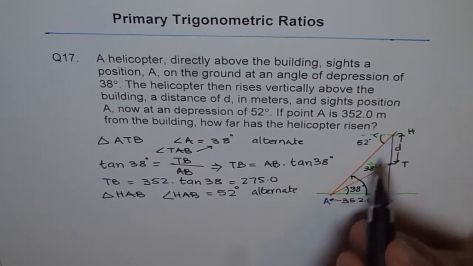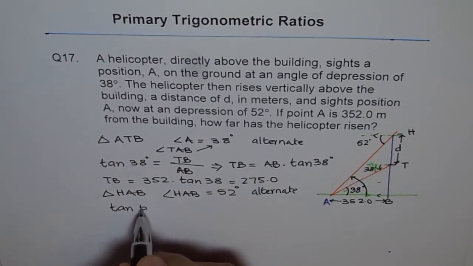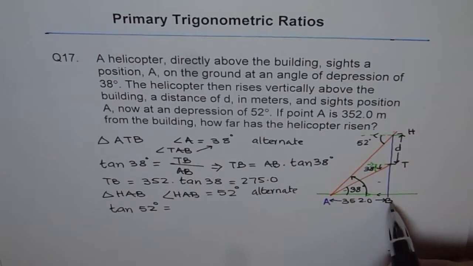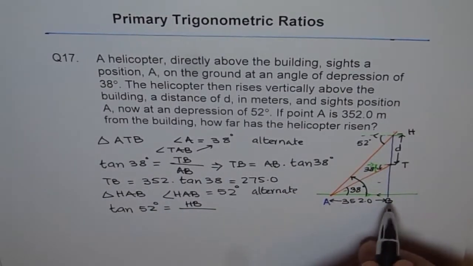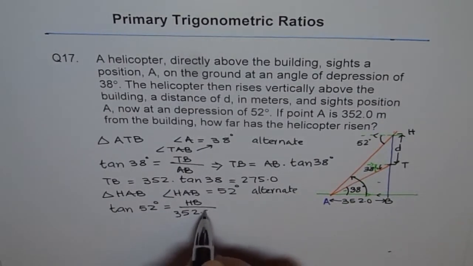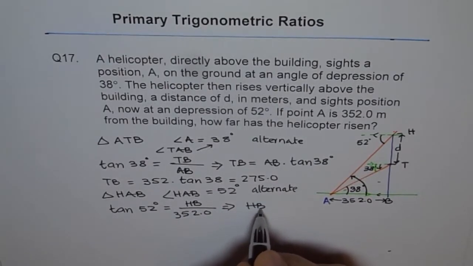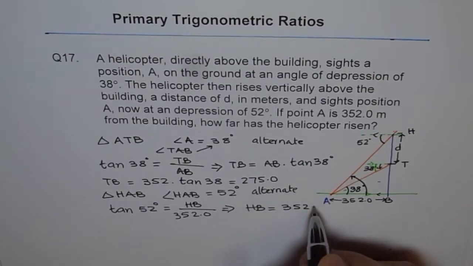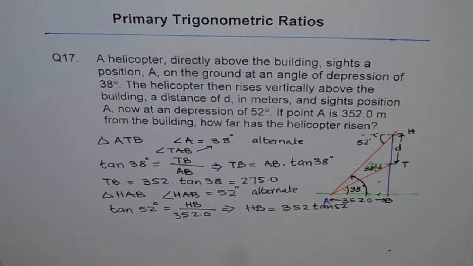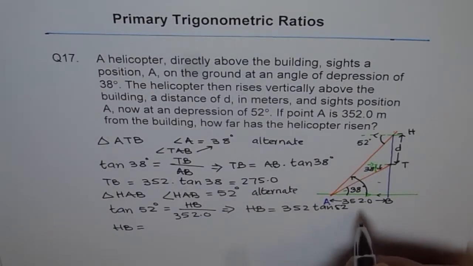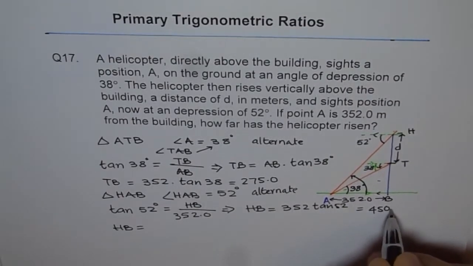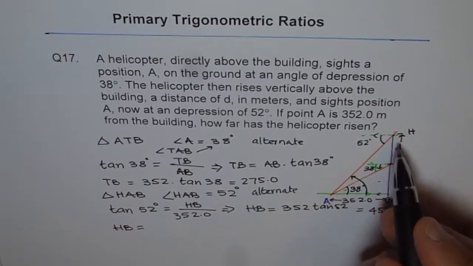Now we can use tan of 52 degrees equals total height HB over the distance AB, which is 352.0. So HB is equal to 352 times tan 52, which gives us 450.54. So that is the total height HB.